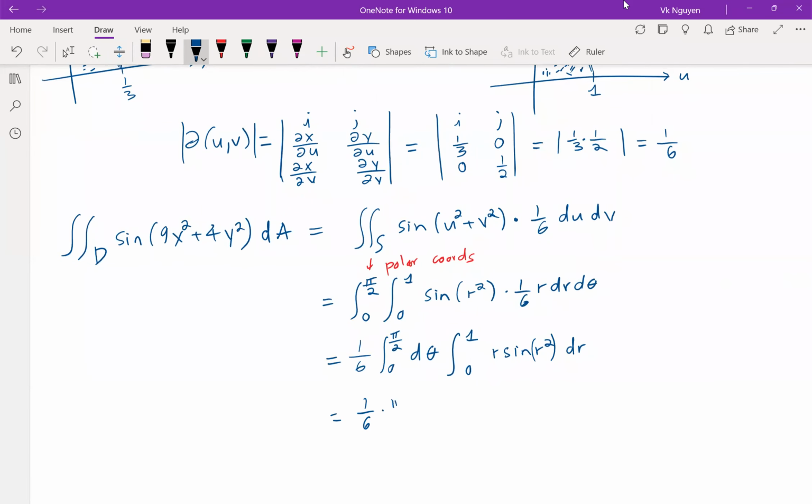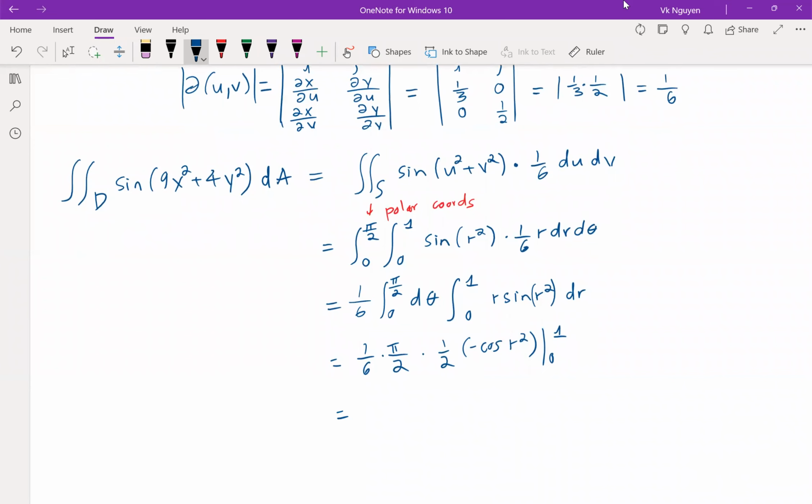1 over 6 times pi over 2 multiplied by 1 over 2. Okay, so the integral of sine is negative cosine. 6 times 4 is 24, so it's pi over 24 times negative cosine of 1 minus negative cosine of 0.